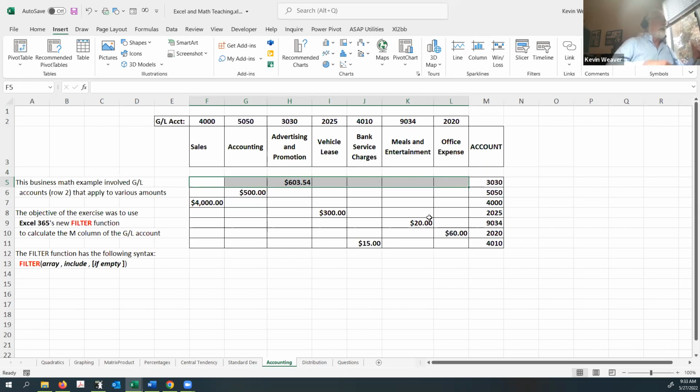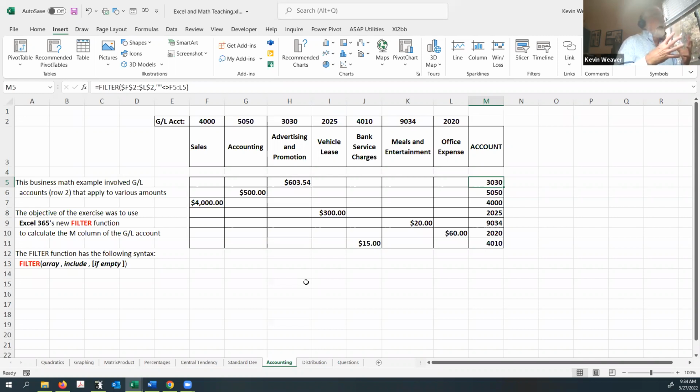And of course, if it's a big ledger, we don't want to have to go figure it out. So now we go into a long explanation of how to calculate it. And Excel 365 has a feature, a function called filter.